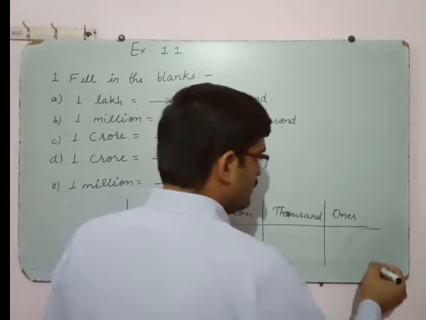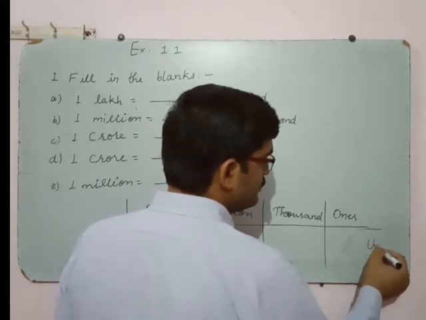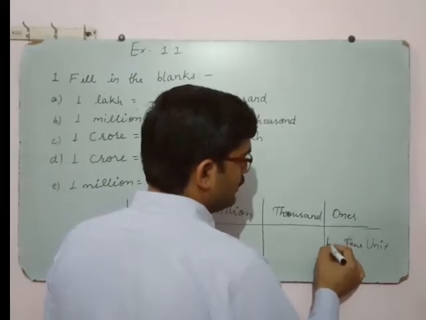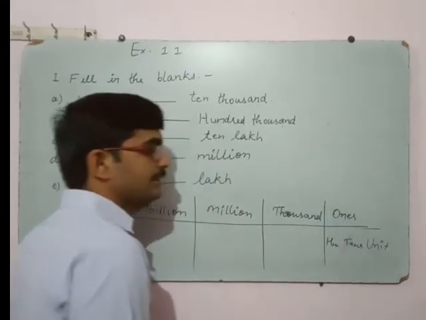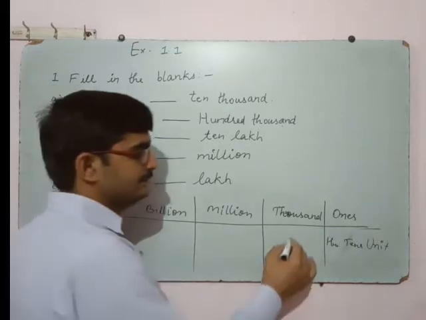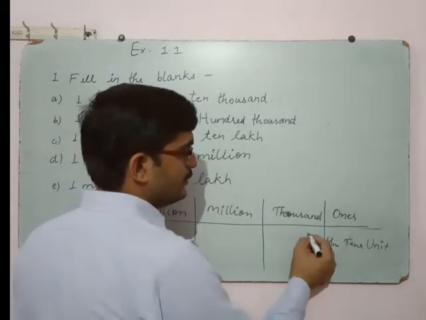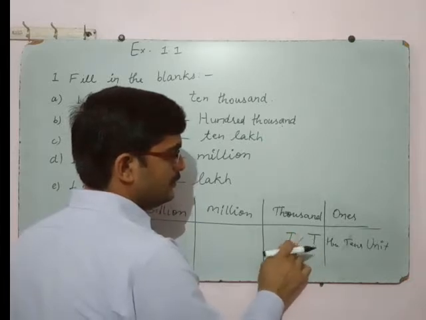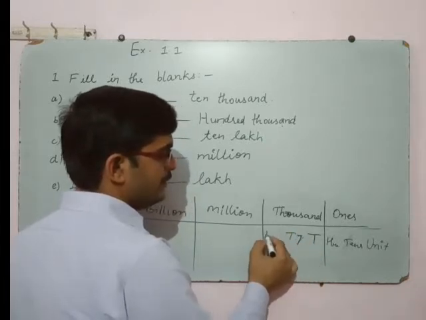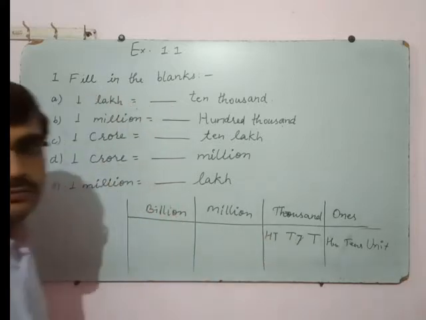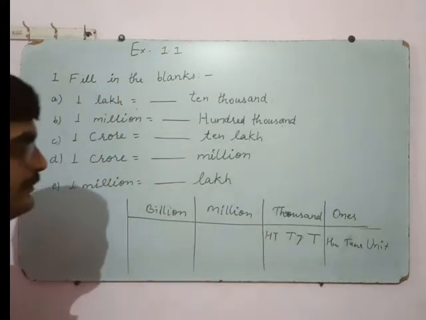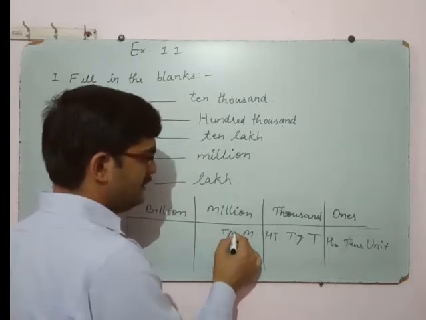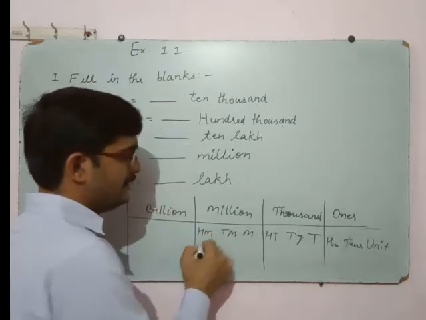First is unit, tens, 100. Then 1000, 10,000 and 100,000. In the million period: million, 10 million, 100 million.